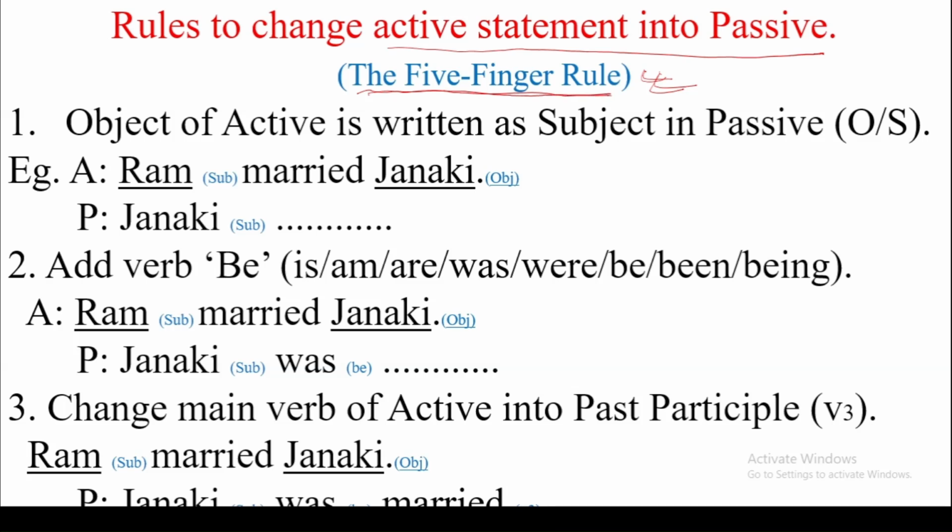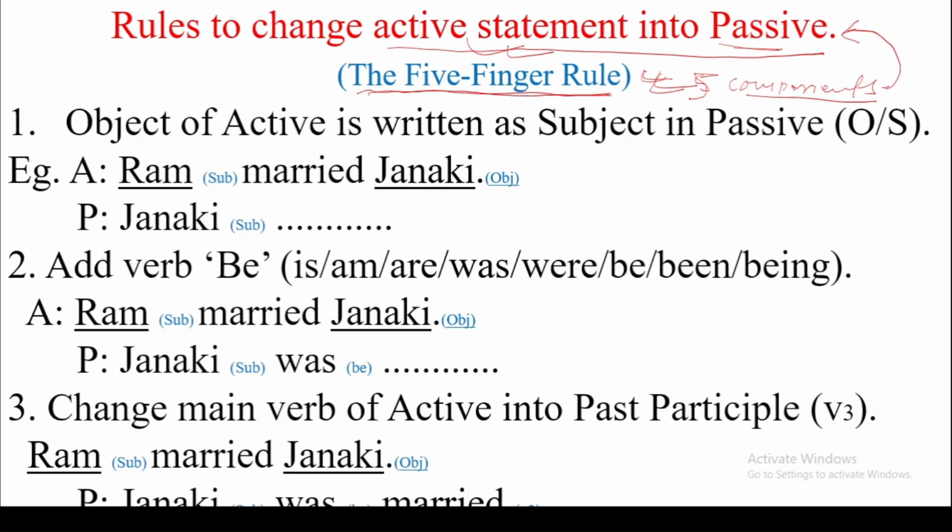It means while changing an active statement, you have to change 5 components or 5 things of the active statement, and the sentence becomes passive. So if you change 5 components of an active sentence, it will become a passive sentence.